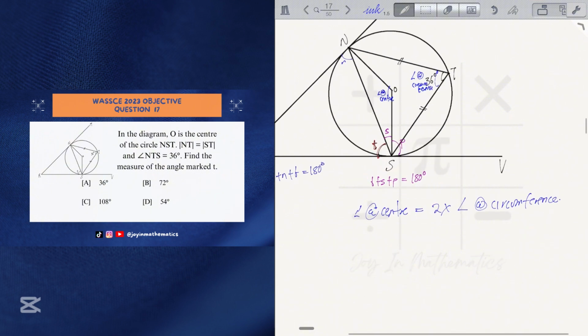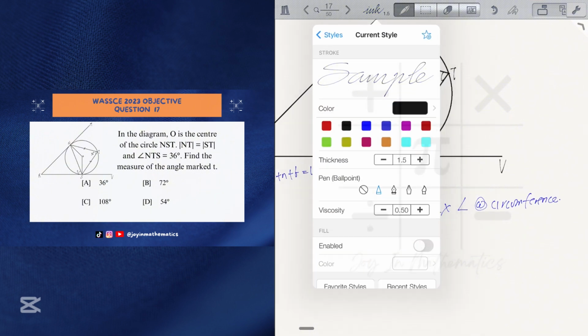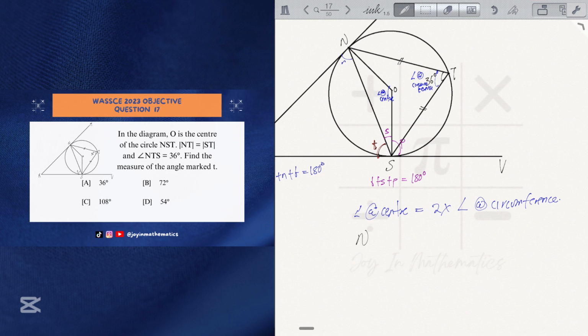So in view of this, we'll just write the angles itself. So we are saying angle NOS, that is this angle at center here, is equals to 2 times angle NTS, that is given to be 36 degrees. So this will be 2 multiplied by 36 degrees, and then we will have angle NOS to give us 72 degrees.